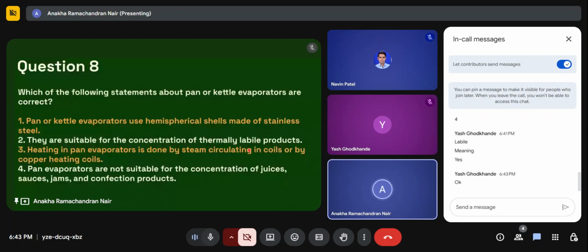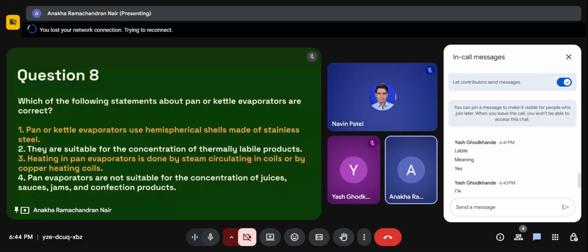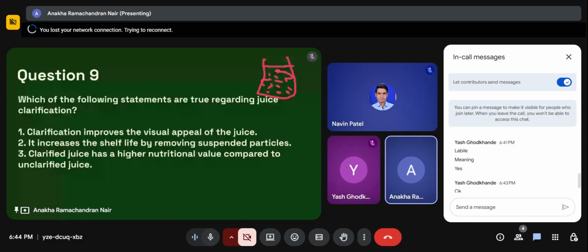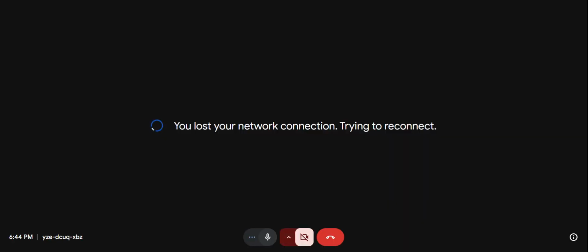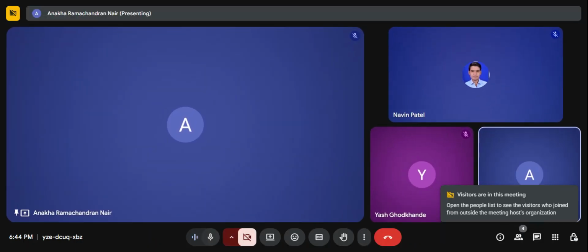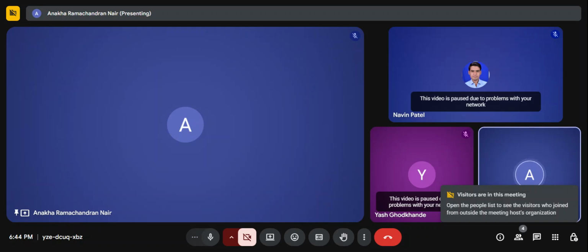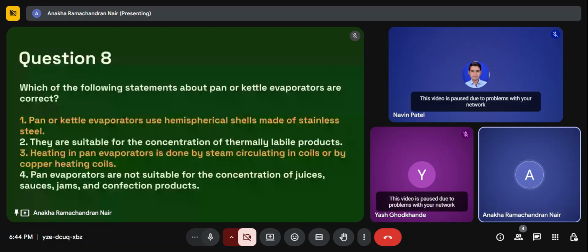Question number 9 is, which of the following statements are true regarding juice clarification? So when you make juice, it might be murky in appearance. That means it is not clear, right? It can appear murky or cloudy, and you do clarification. Which utensils can be used for labile products? In that case, it's not a utensil, it just means you can't use heat as a way to concentrate.